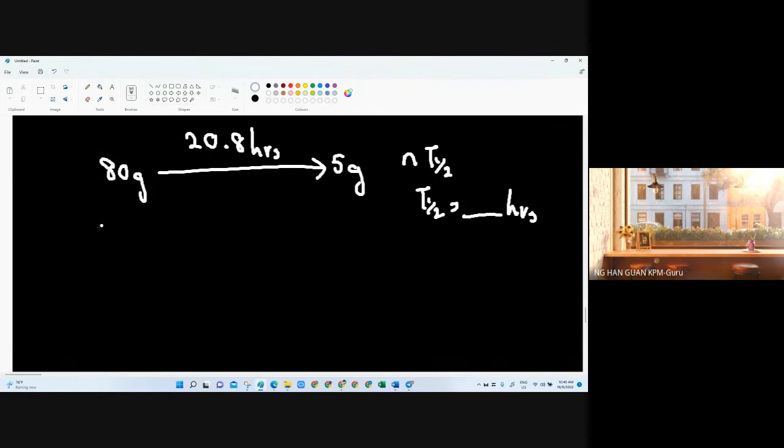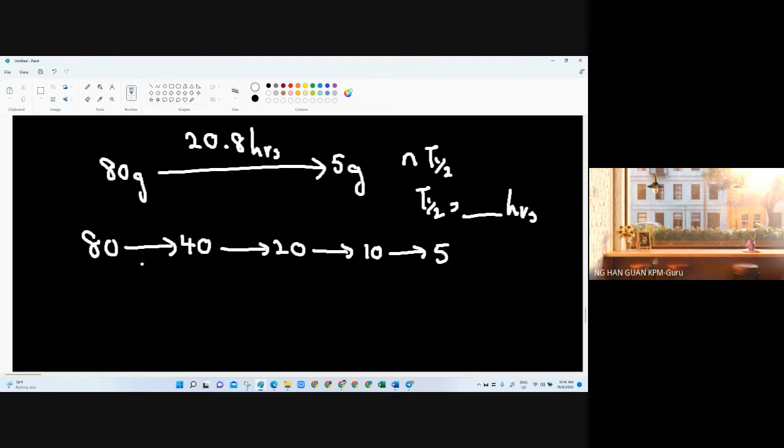To solve it, you show it by the timeline. 80 gram, 1 half-life, it becomes 40. Another half-life, it becomes 20. Another half-life becomes 10. Another half-life becomes 5. So now we get 5.